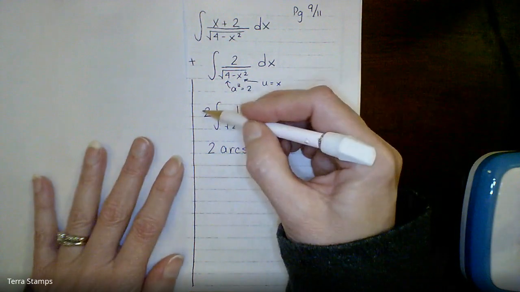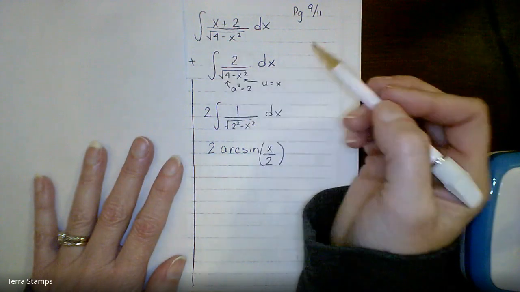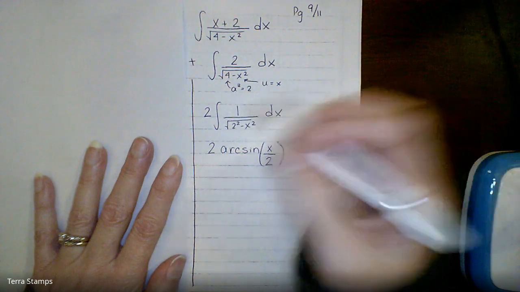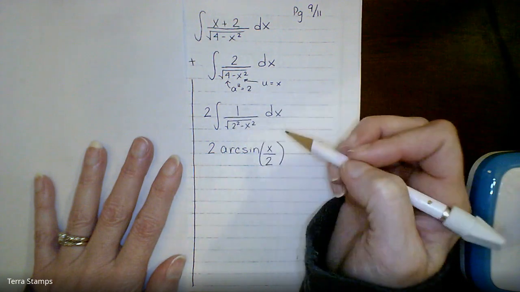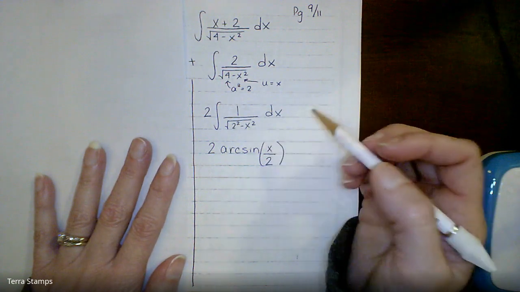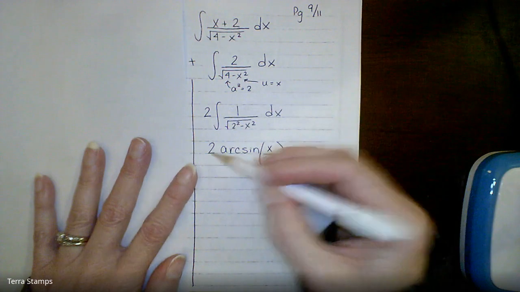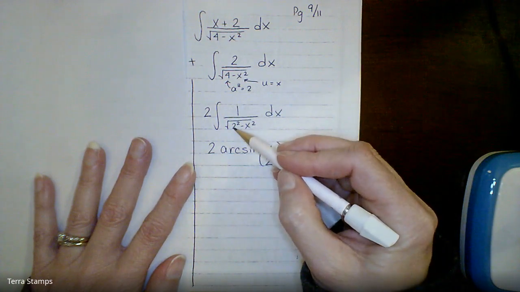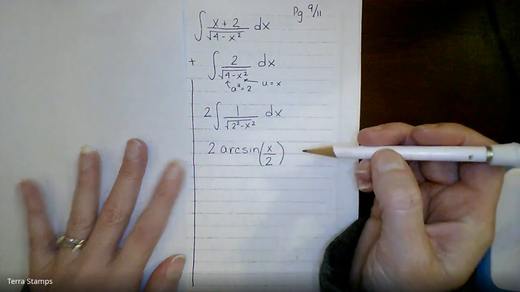So I get this 2 that I just pulled to the outside to make it more obvious that it's an arc sine. There's my a value. There's my u value. I don't even need to do a substitution here because my u is just x. So I get just 2 arc sine x over a. So that a right there. This 2 is just along for the ride.